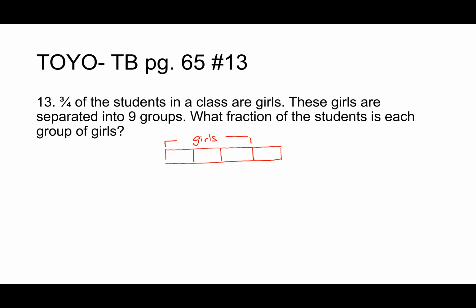These students are separated into 9 groups. What fraction of the students is each group of girls? So we're saying that the group of girls is separated into 9 groups. Let's not do any math quite yet, you guys. Can I separate the girls' 3 units into 9 groups? And how would I do that?